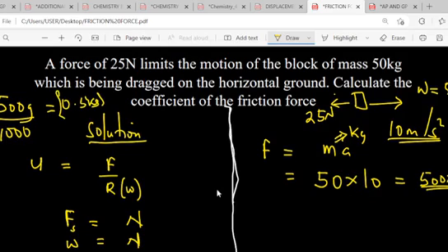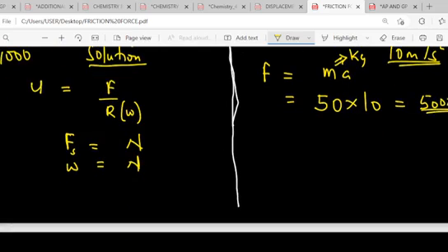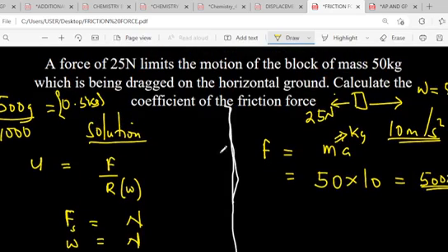Please, make sure you understand unit conversion well. So here we have found our force as 500, and then we have 25 newtons.